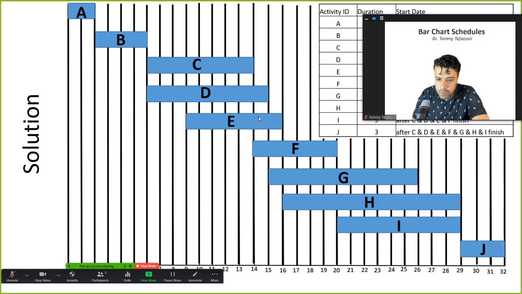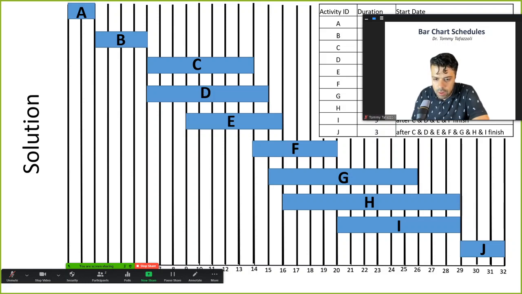Yeah, you can say F is starting after C, but maybe C is not the driving reason. Maybe F just has some connection with E or has some connection with D. You can never tell.